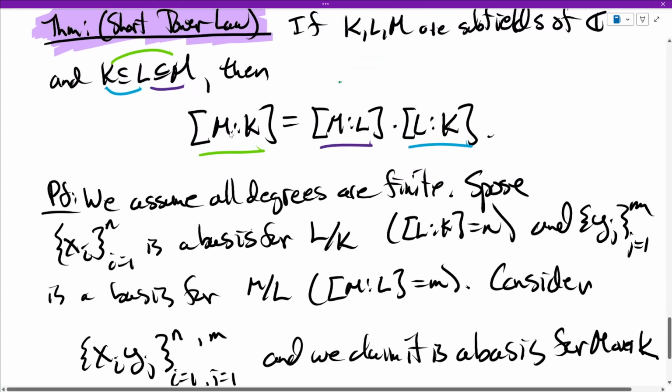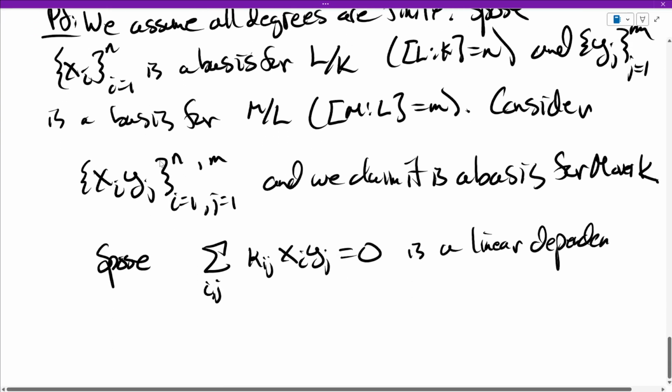We want to show that the degree of M over K is the product of them. So there's m times n things here, so we want this to be a basis, and then that will do it. So suppose this is a linear dependence over K.